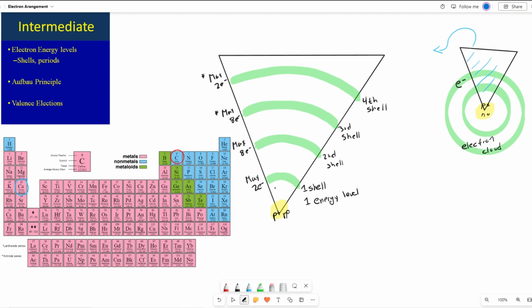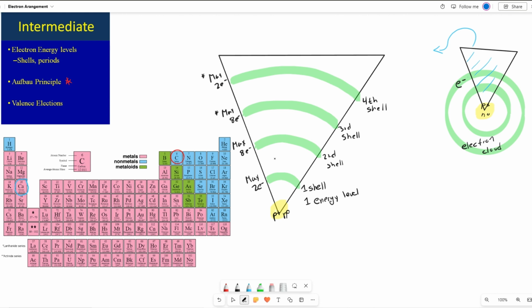Well, there's a rule that helps us determine where to put these electrons. That rule is called the Aufbau principle. The Aufbau principle states that an energy level will not have any electrons go into it until the lower energy levels are completely filled. So that means we have to add the electrons in order of lowest energy levels to highest energy levels.